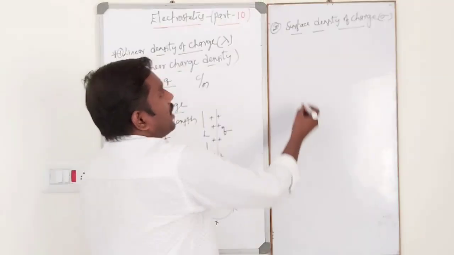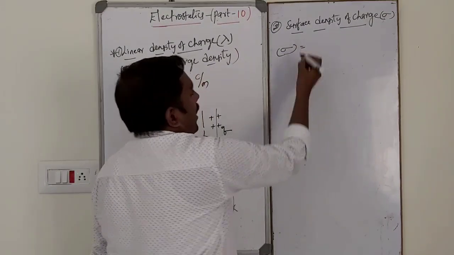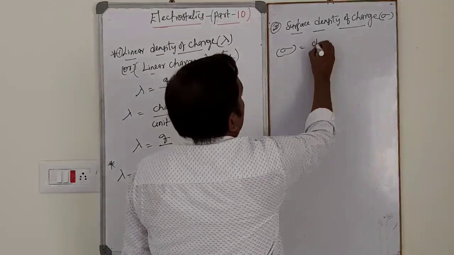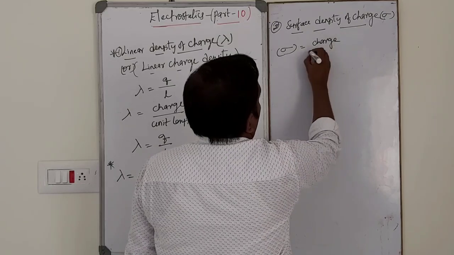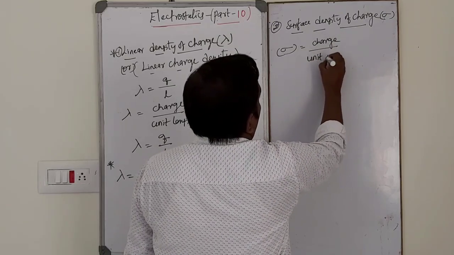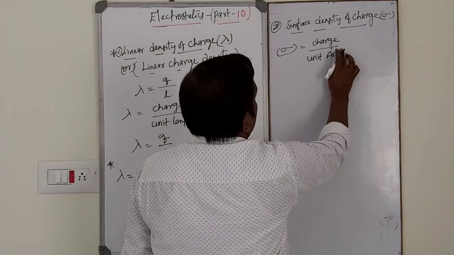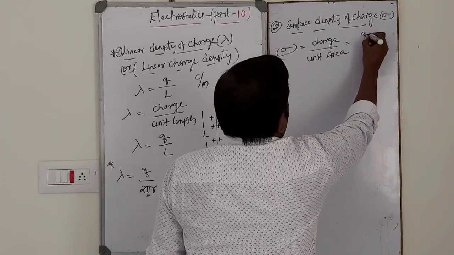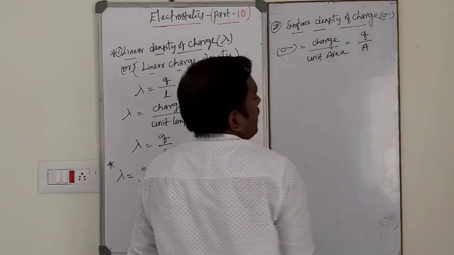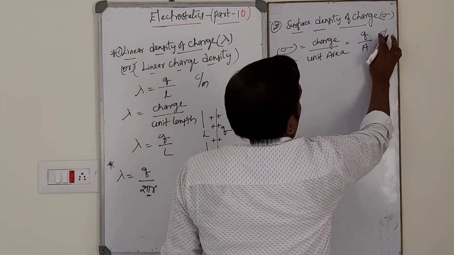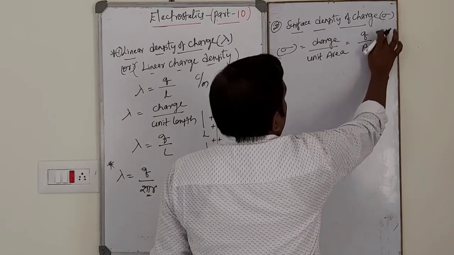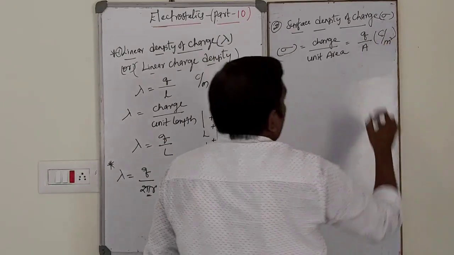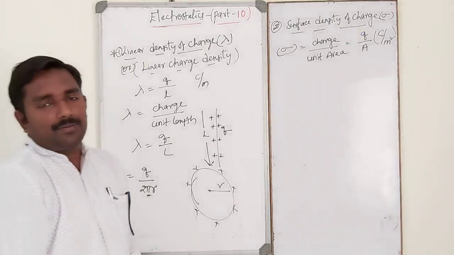Surface charge density or surface density of charge is defined as simply charge per unit area. In the SI system, the unit of charge is coulomb and area is meter square, so coulomb per meter square.